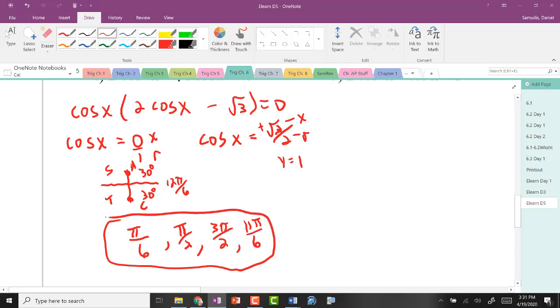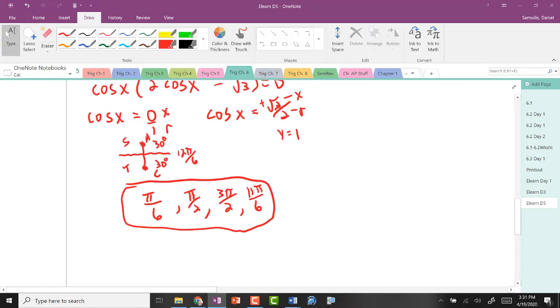Now I did say I was going to show all answers on this, just this one. For all, these two are special. They are 180 away, or in this case, pi away from each other. So I get to pick one, pi over 2, and just add pi into this because they are pi away from each other. And that takes care of this and all angles that land in those spots. Whereas these two, these are not the same distance away from one to the other.